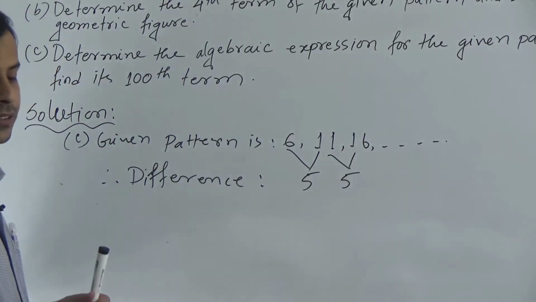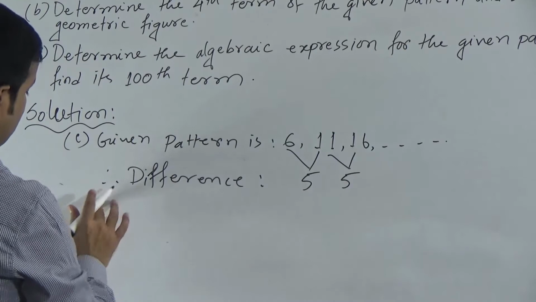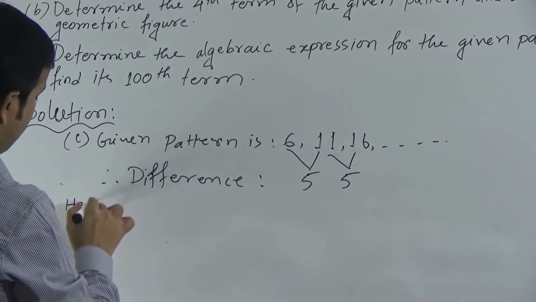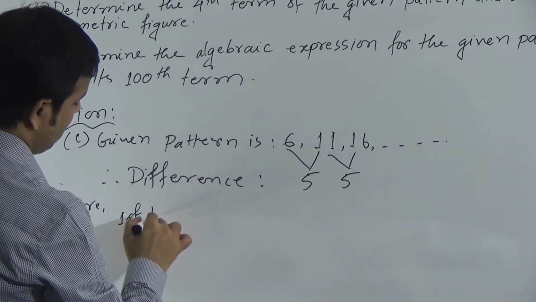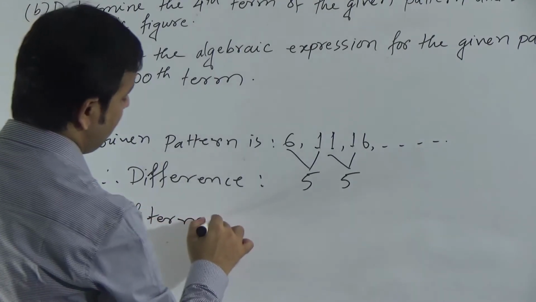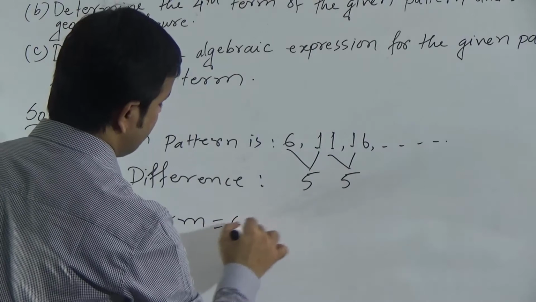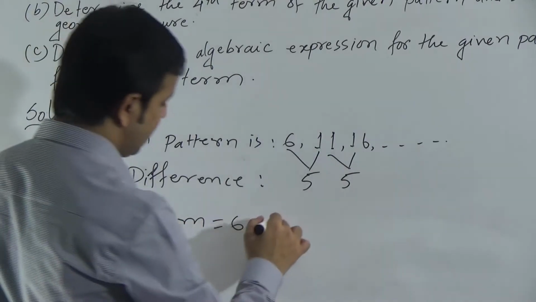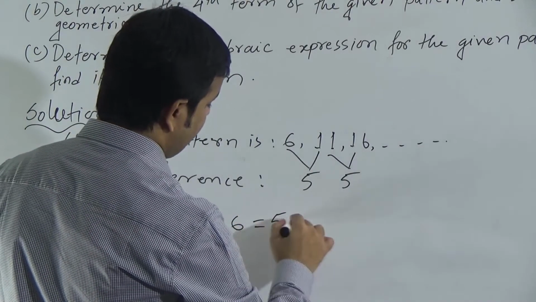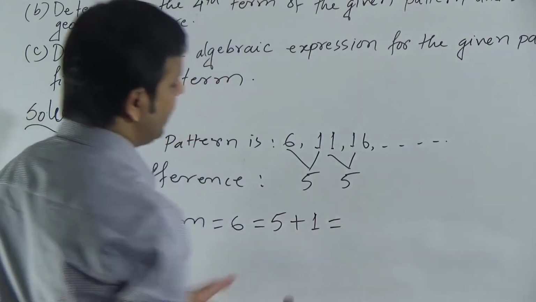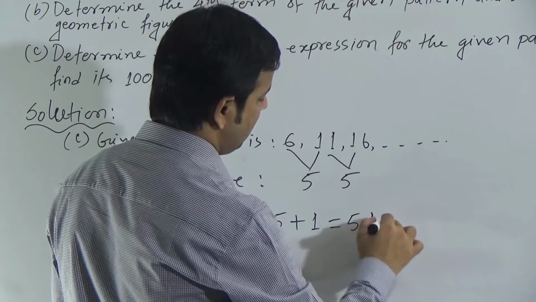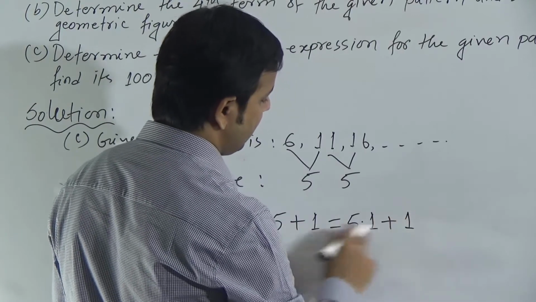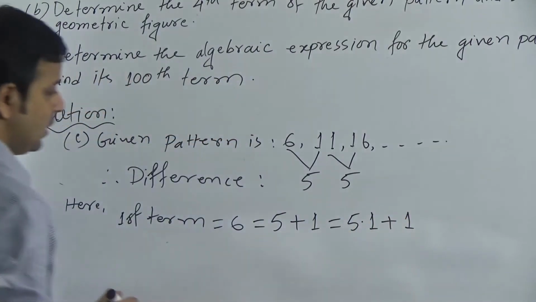So we can write here, first term is 6. We can express 6 as 5 plus 1. We can write this as the product of 5 and 1, plus 1.